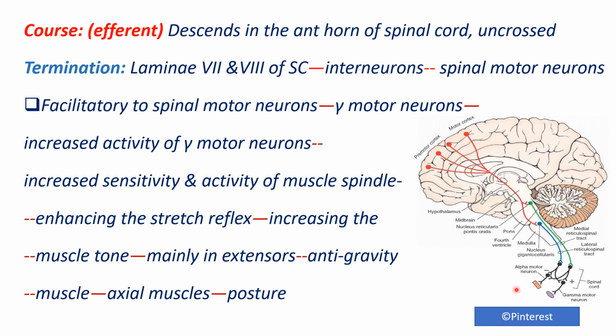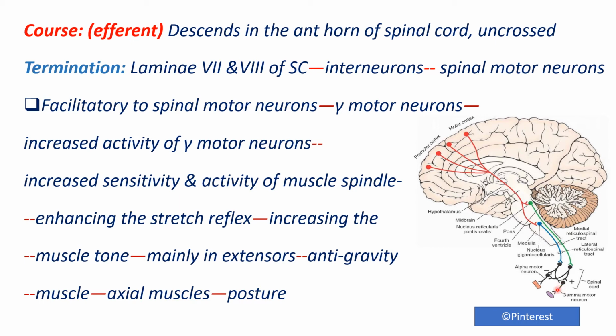I again repeat that the fibers go from the facilitatory reticular formation, the pontine reticular formation, as the medial or pontine reticulospinal tract, and terminate in laminae 7 and 8 of the spinal cord via the interneurons, going to the spinal motor neurons, the gamma motor neurons. They facilitate them, they keep them excited.